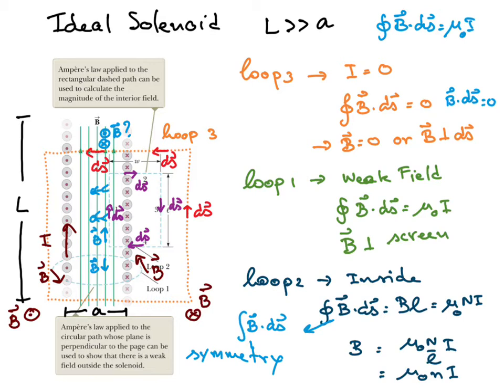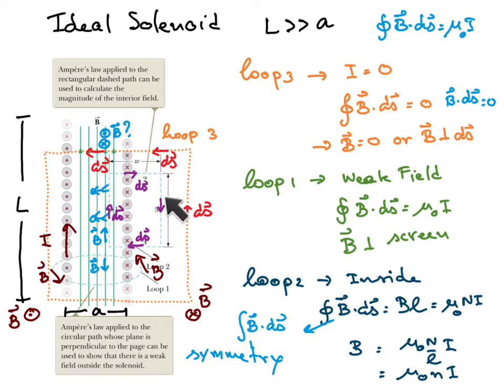Now you can see that when we know ds must point in this direction, if we choose the situation that b points in this direction, which is perpendicular to ds here, but also perpendicular to ds here, it means that if b inside the solenoid points in this direction, the integral of b ds on this segment equals 0, because b is perpendicular to ds in this segment, and b dot ds is 0, which is impossible, right?